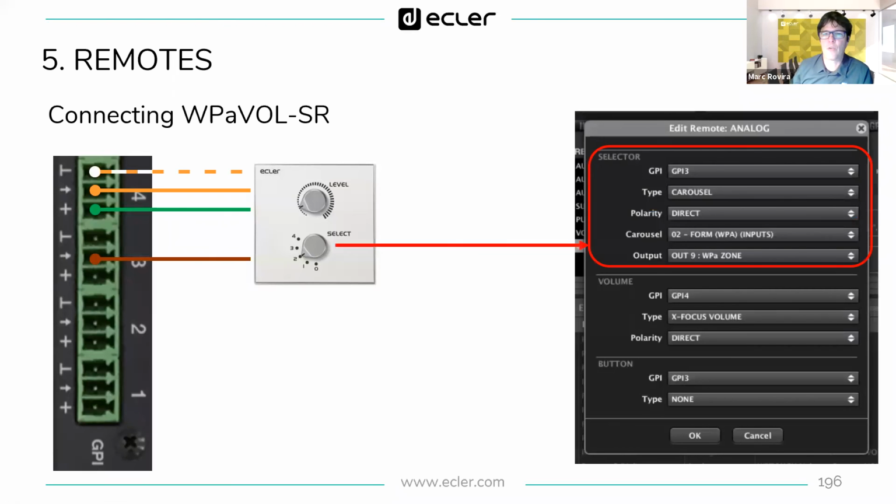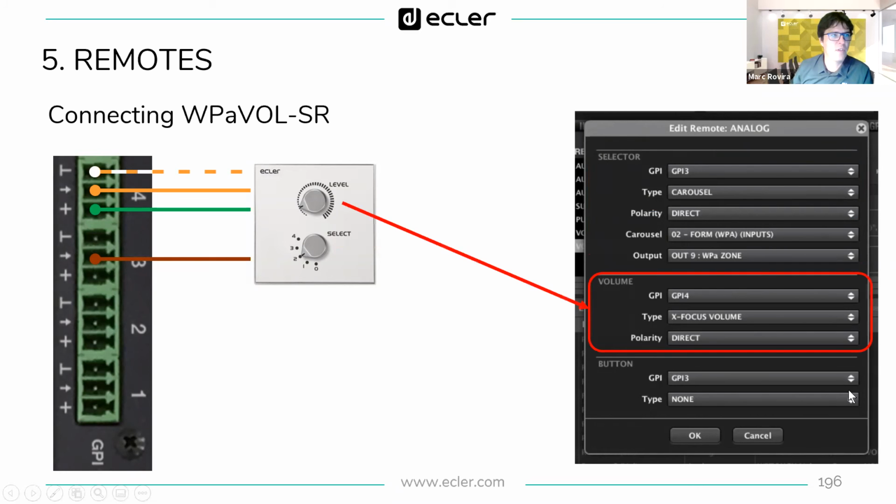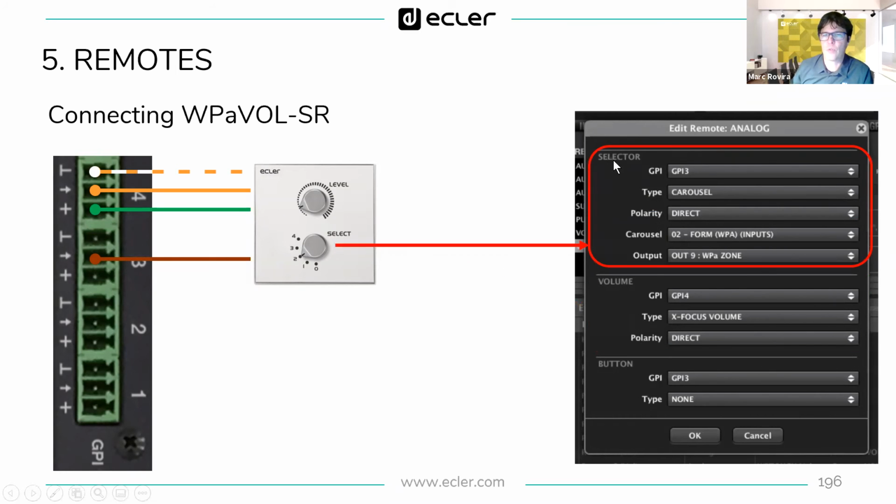Here we have the selector section, and here we have the volume section. In the selector section, GPI3 is the carousel, and it affects output 9 in this case, because I have chosen output 9.